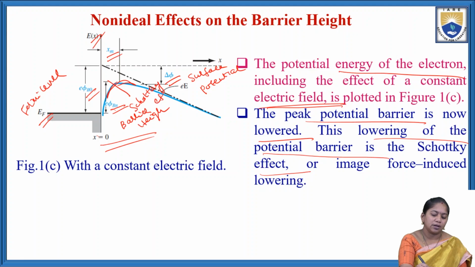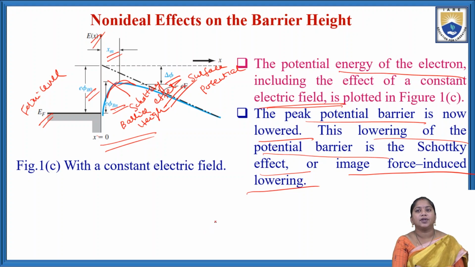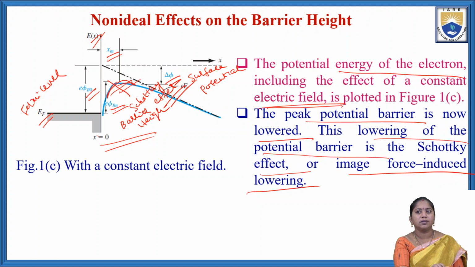This influences the Schottky barrier height of the given metal semiconductor junction or Schottky barrier diode, and is also called image force induced lowering. The peak of the potential barrier is lowered, and this lowering is known as the Schottky lowering effect or image force induced lowering.